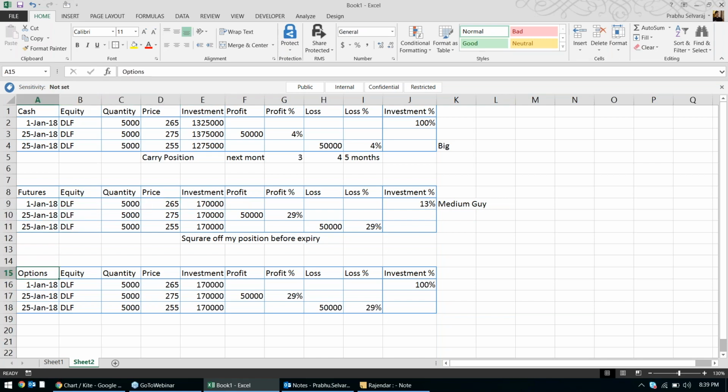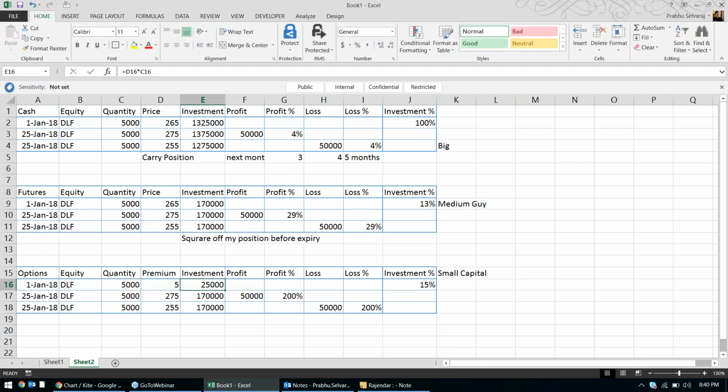Now the third set of people are small traders, with small capital, who will say, sir, I cannot bring 13 lakh nor can I put 1,70,000. My capacity is only 25,000 rupees, not more than that. For those kinds of people, they will buy one lot of DLF by paying a premium of 5 rupees with an investment of 25,000 rupees.